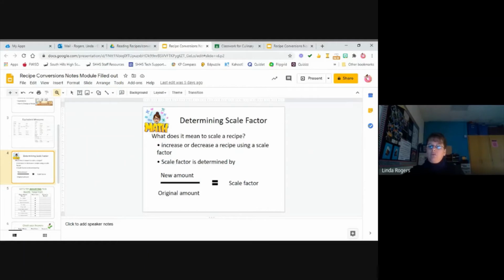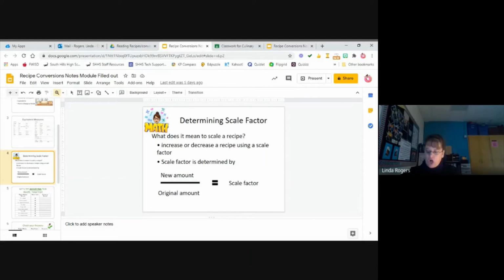Okay, so scale factor, sometimes referred to as conversion factor. This is the factor that you will multiply all your ingredient amounts by to get your new amounts, okay? So when we scale a recipe, we're either increasing or decreasing the recipe using that scale factor or conversion factor.